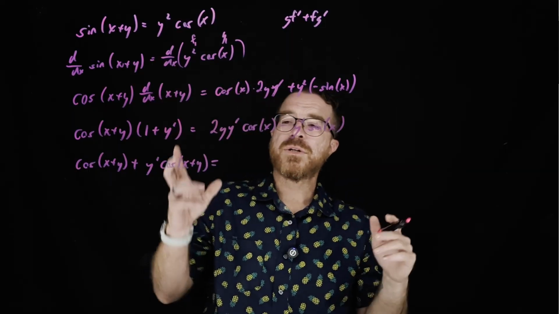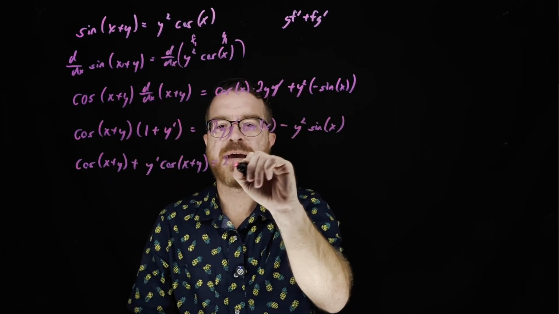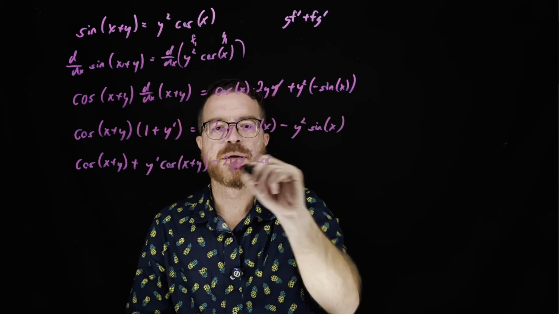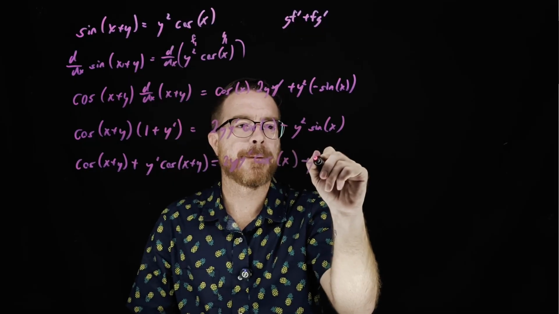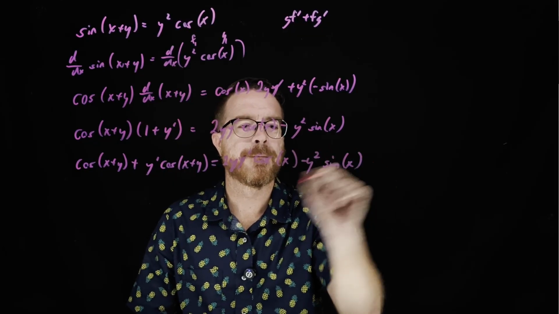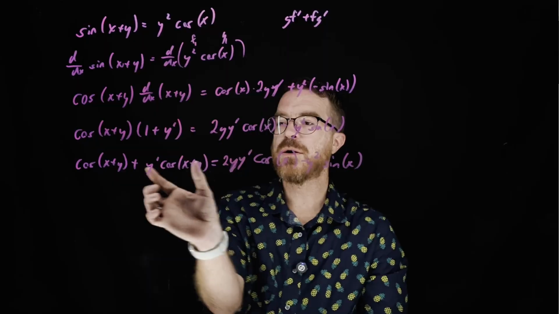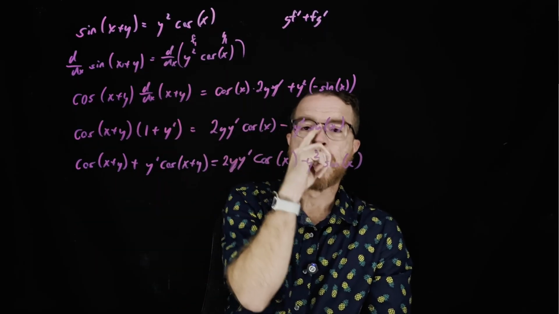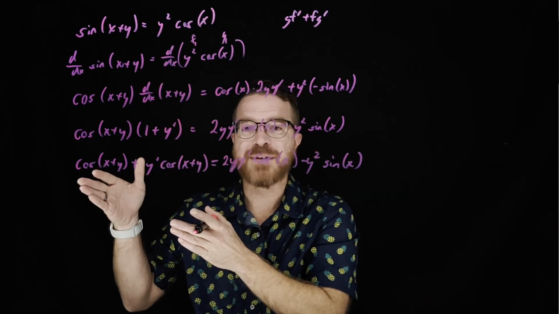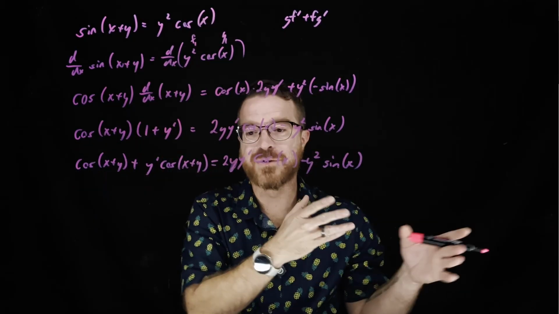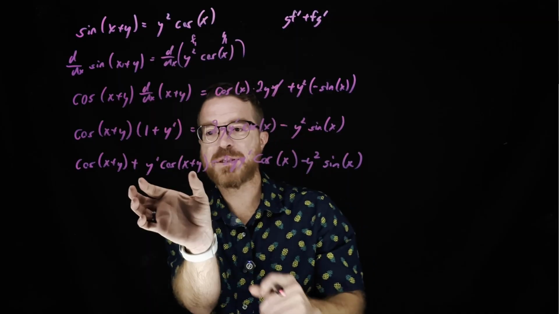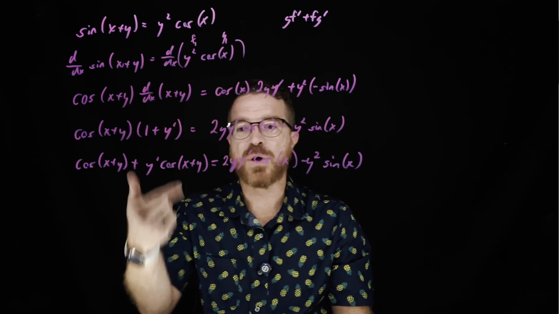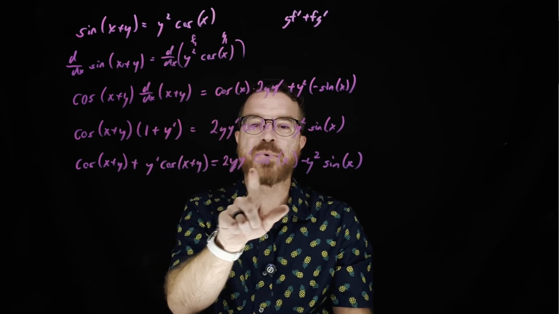Okay, so now you'll notice that both sides of this have y and y prime terms. Right, so we have a y prime term here, a y prime term here, a not y prime term here, a not y prime term here. So I need to get my y prime terms to one side of my equation and my not y prime terms to the other side of the equation. So I'm going to leave this cosine of x plus y here, and I'm going to bring this y prime term over by subtracting 2y prime cosine of x.